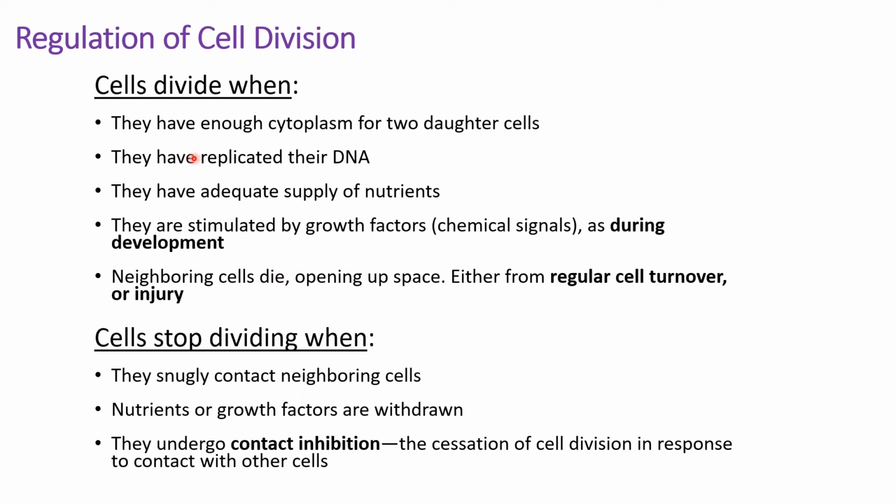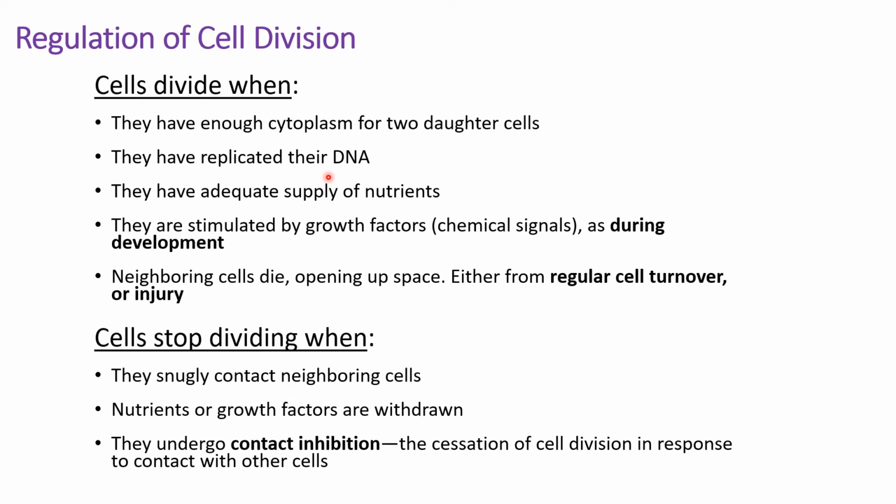Some other things need to be in play in order for a cell to divide. We have to make sure there's enough cytoplasm for cytokinesis to actually occur. We have to make sure DNA has been replicated during interphase, during the S phase, the synthesis phase.